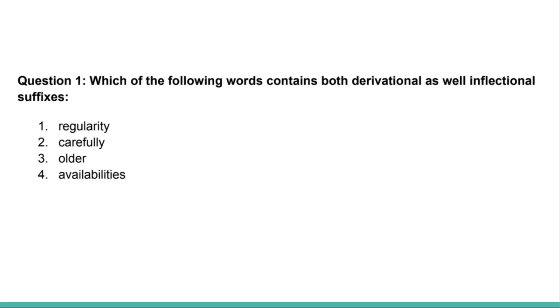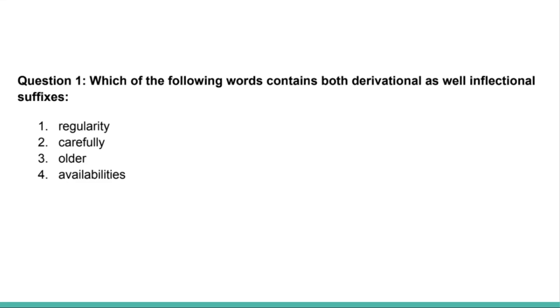Avail is a verb, and we can avail some opportunity or some chance. So avail means to use something or utilize something. And when we add able to it, we get available. Okay, so available is an adjective.